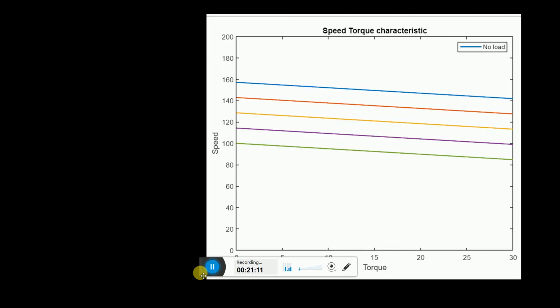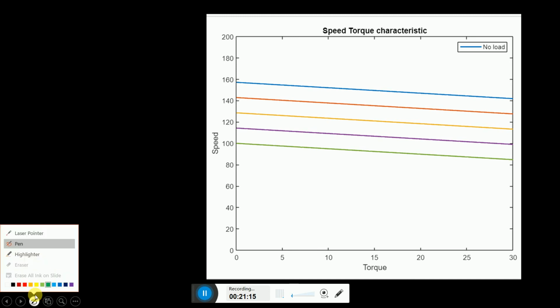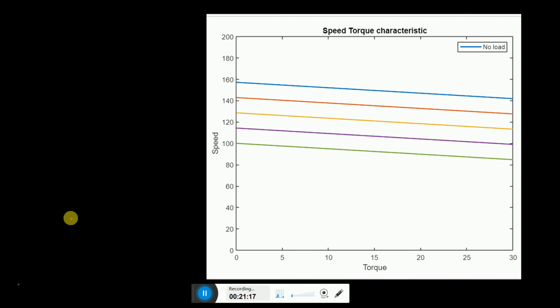We can see this in a MATLAB simulation where the voltage is varied. Here you have the voltage V equal to 220 volts. Now the voltage is varied to 200 volts. Then again 20 volts is decreased, it is now 180 volts. Like that the voltage is varied.